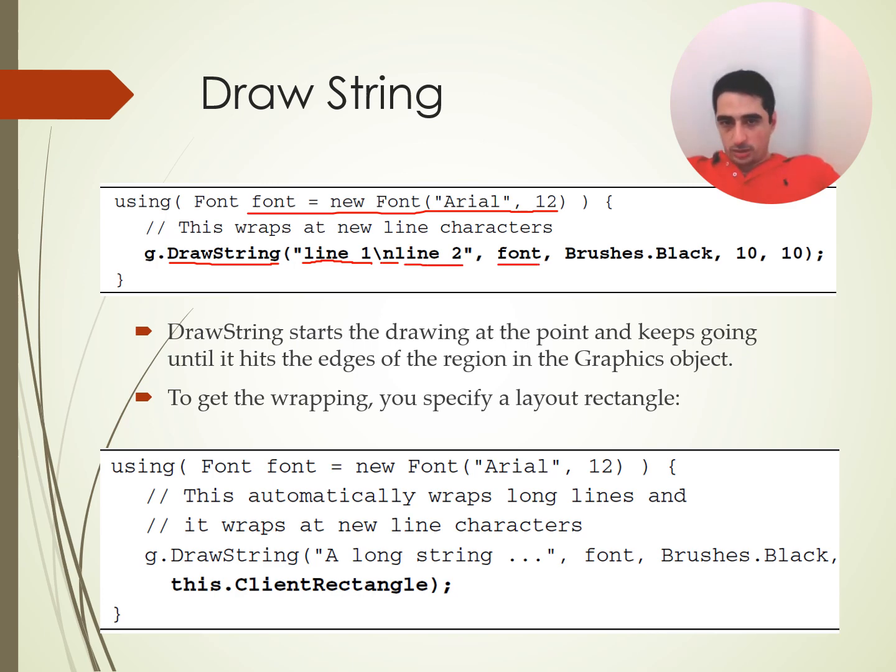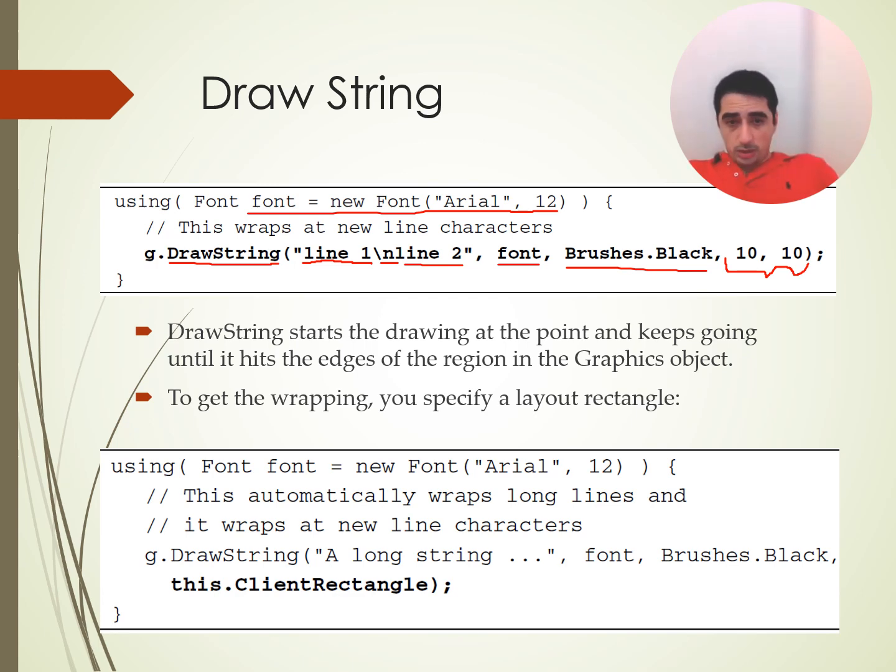We pass the font instance object to it, and then we have the brush, Brushes.Black, and then I have the point which specifies the starting point, which is 10 and 10, right? Now, DrawString starts drawing the first character at the same point that you specify, and then it keeps going until it hits the edges of the region of the graphics object.